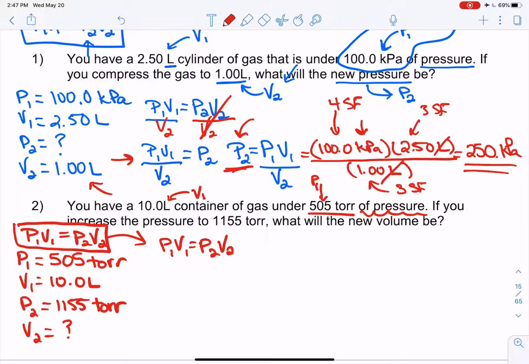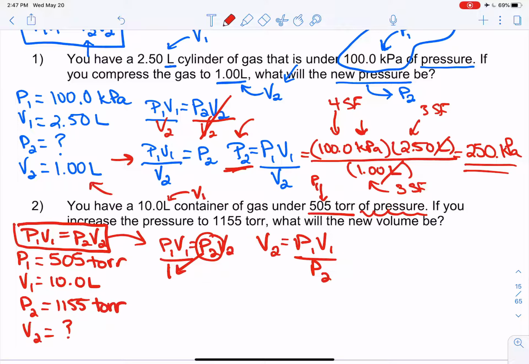Okay, so we're solving for V2, so we take P2 and we move it diagonally across the equal sign, right there by that number 1 that we don't see but we know that's there. And that's going to give us that V2 is equal to P1 V1 over P2. So I moved the P2 down into the denominator, and then I just switched it around so we have the variable that we're solving for on the left-hand side.